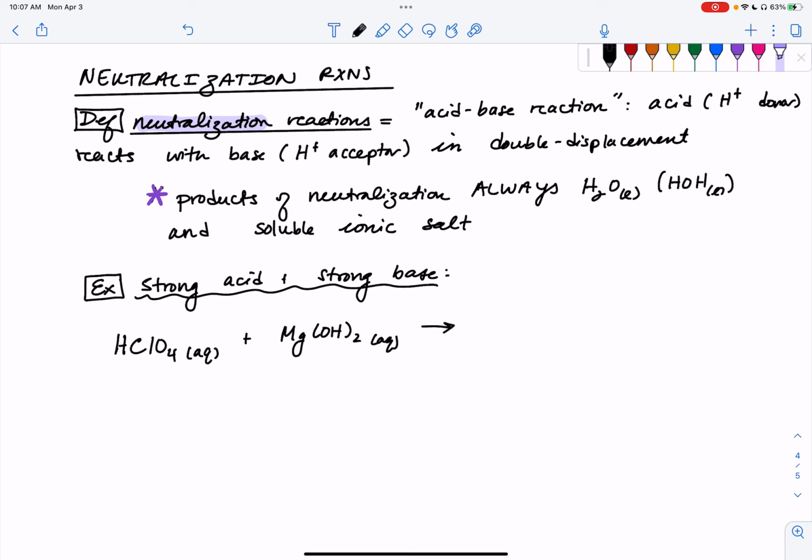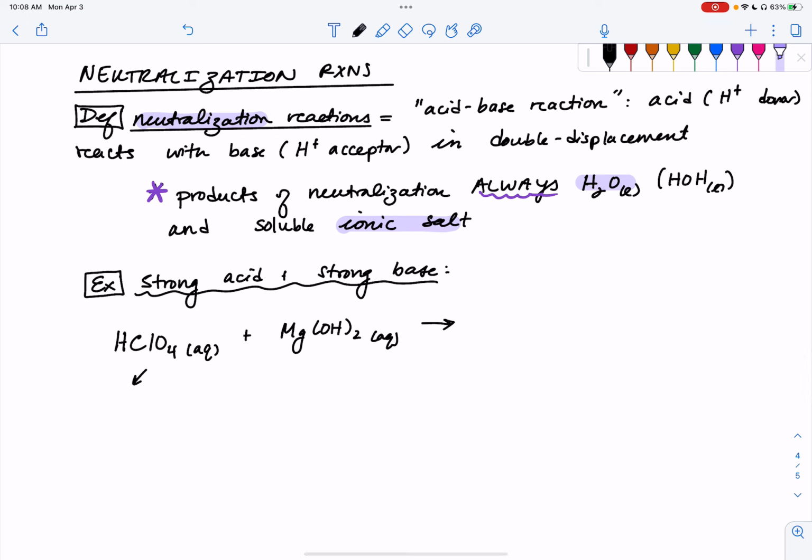And let's see if we can figure out the products of this neutralization reaction. We know that we should get H2O and some kind of salt. But let's see if we can prove that by doing our double displacement.